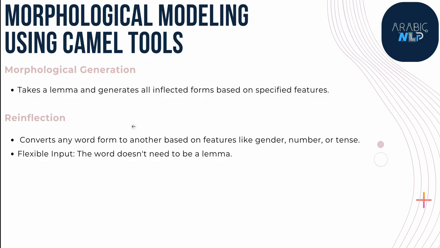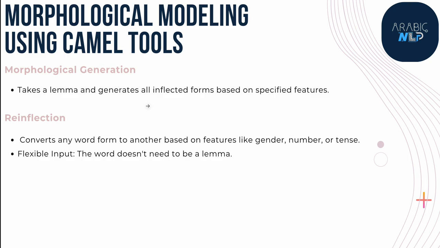So generation focuses on creating word forms from a lemma, and I should specify the features so I can get these words. And reinflection is more versatile, right?